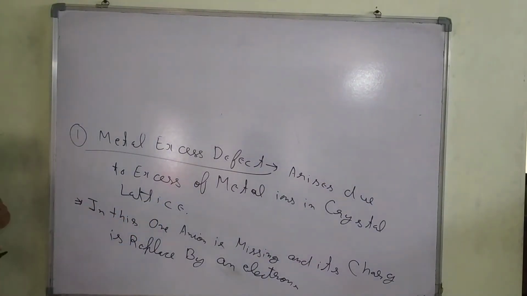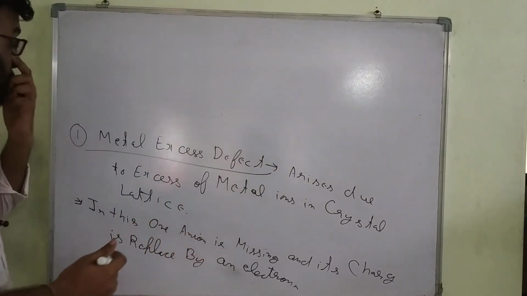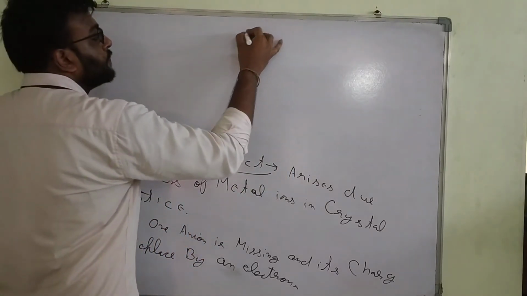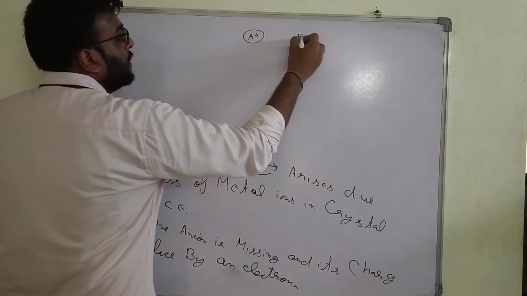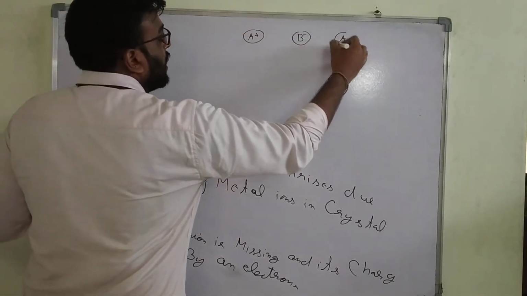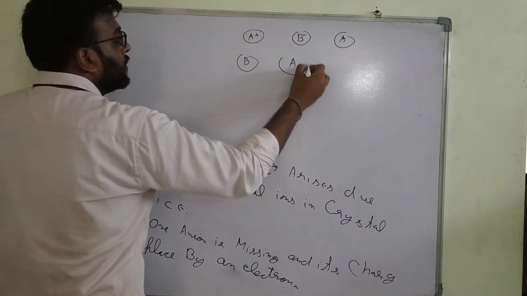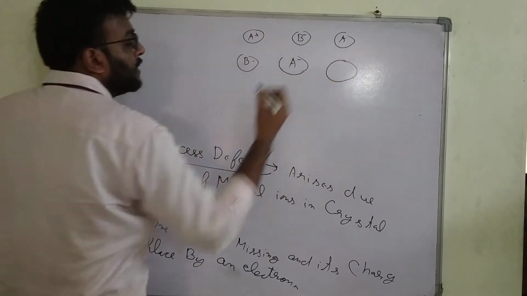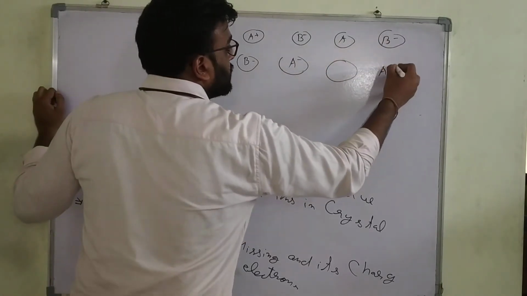What happens in this type of defect? First of all, I am explaining with a diagram. Look over here. Suppose cations and anions are arranged like this: A plus, B minus, A plus, B minus, A plus, and then something is not available, B minus, A plus.